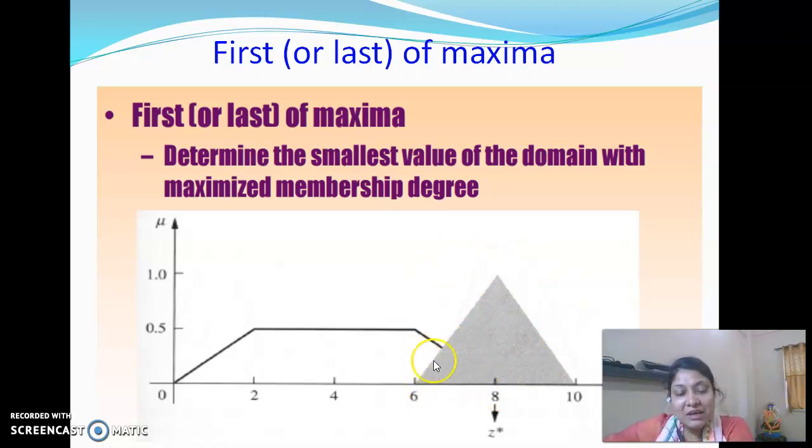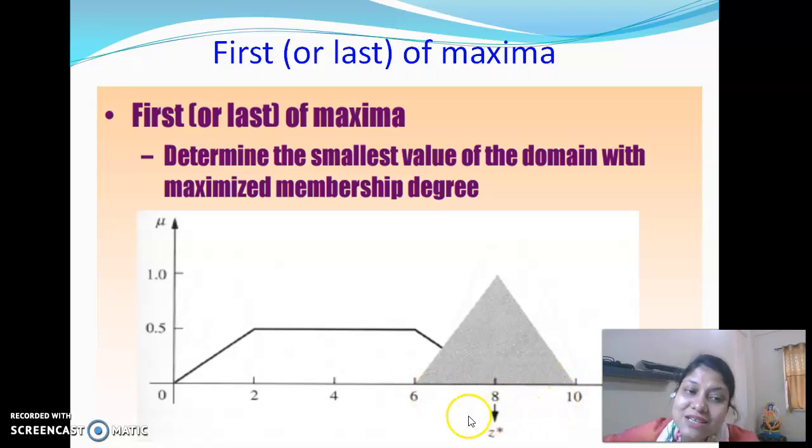So when we have these two membership functions, we need to find out which membership function has the highest membership degree. It is the triangular membership function. So you need to find the maximum of this particular membership function, that means the mid value between this area of interest.